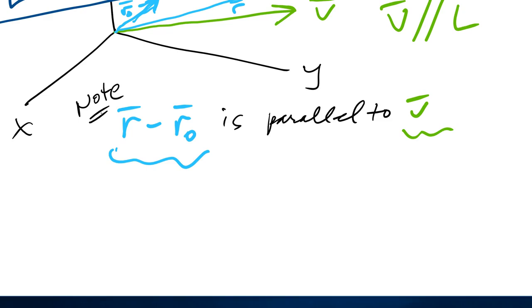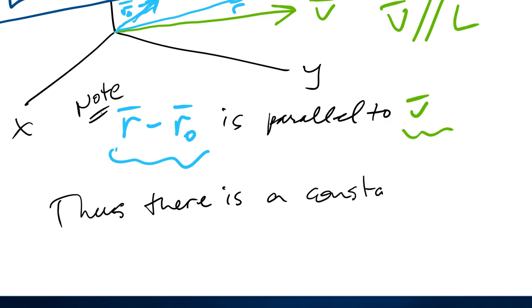So let's say thus there is a t, and I'll determine if I want to use constant or variable in just a minute.